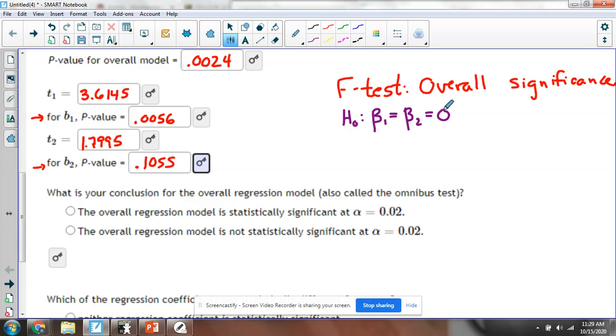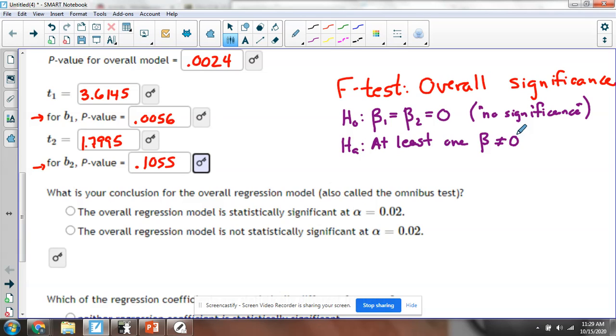So we assume no significance. Our alternative is that at least one of those betas does not equal 0. We're assuming they're all 0, which means no significance, and the alternative would be that maybe one's not 0, so there has to be some sort of significance.